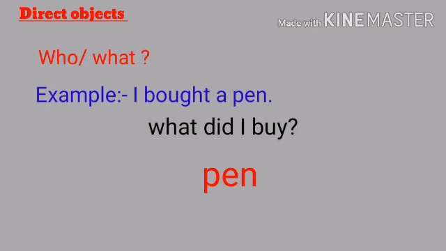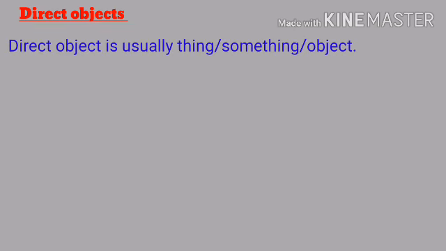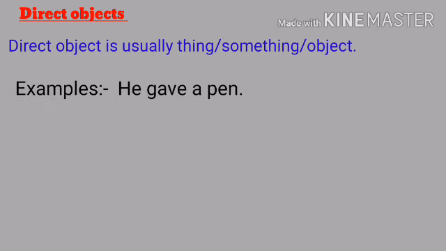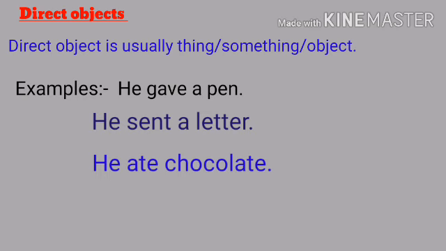Dear children, one more thing you should remember, that a direct object is usually a thing or something. For example, he gave a pen, he sent a letter, he ate chocolate.